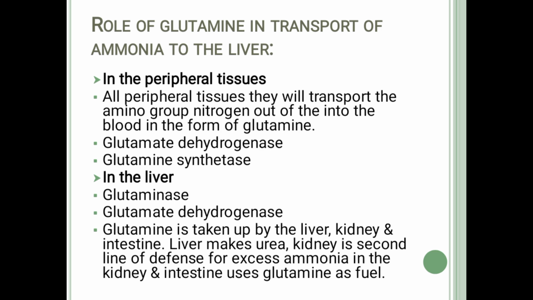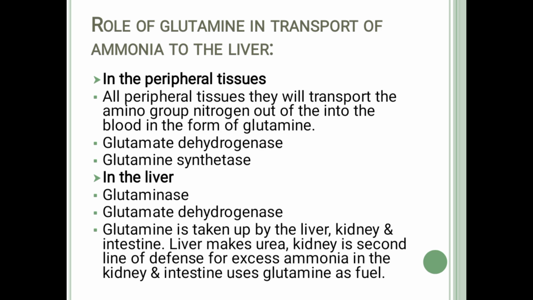So peripheral tissues have two enzymes. Whenever they have a higher ammonia level, they can fix ammonia to alpha ketoglutarate to make glutamate, and glutamate can take up one more ammonium ion to become glutamine. The two enzymes are glutamate dehydrogenase and glutamine synthetase.